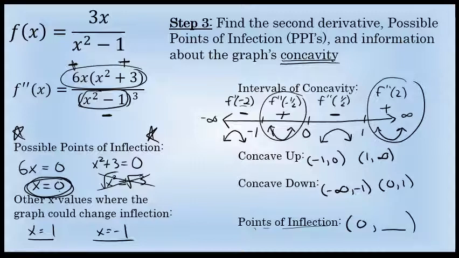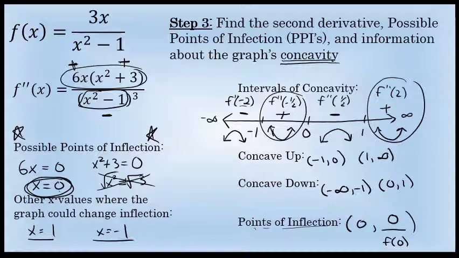And what I'm going to do is write an ordered pair here that will be a point on the graph. When x equals 0, if I evaluate f of 0, I'm substituting a 0 into the original function to find the y-coordinate of a point on the graph. When the x-coordinate is 0, f of 0 would be 3 times 0 over 0 minus 1, 0 over -1. 0 divided by anything is 0.